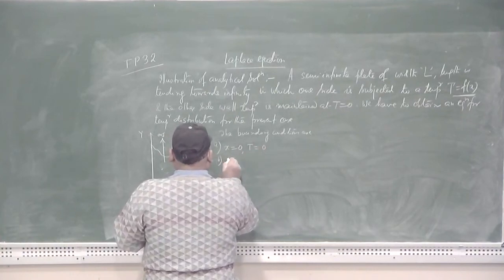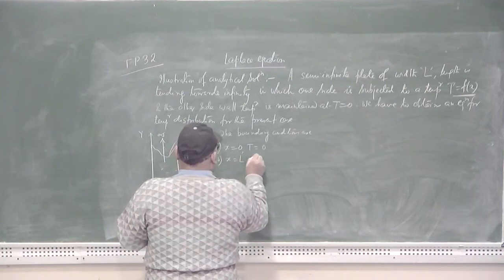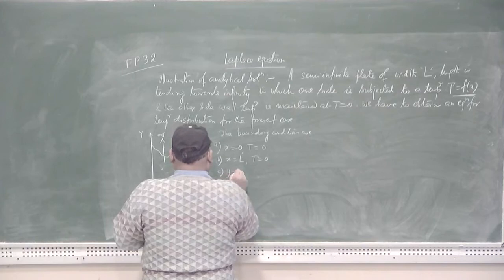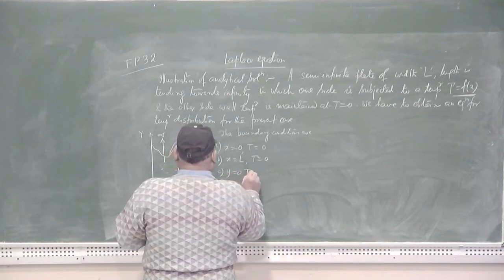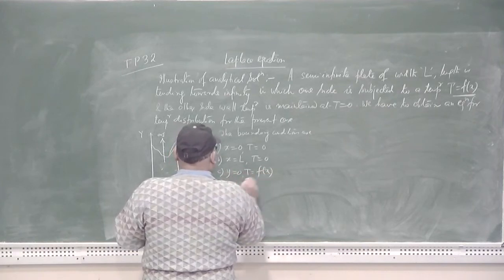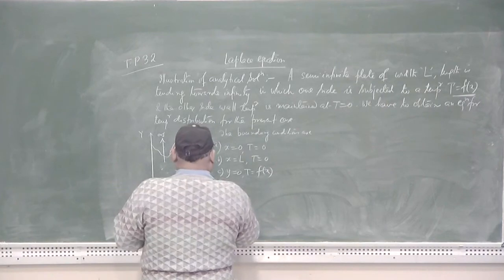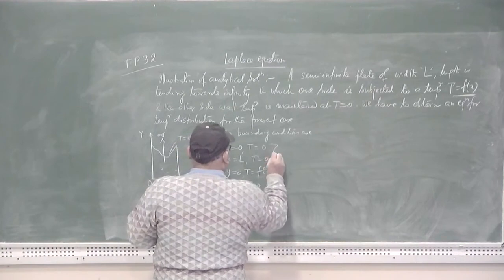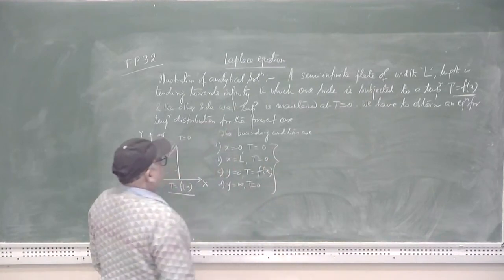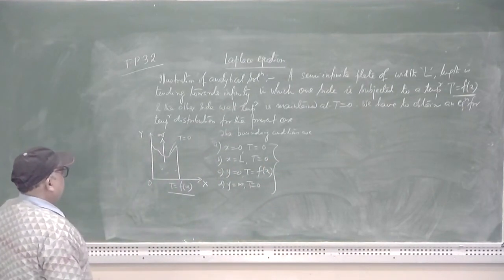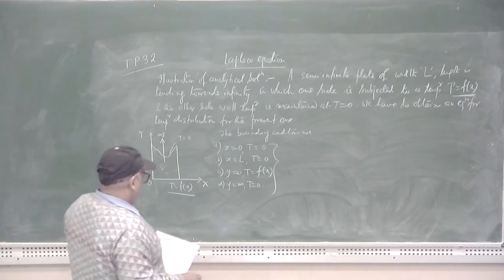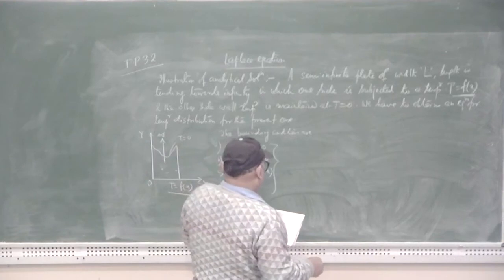Number B, x equal to L, T equal to 0. Number C, y equal to 0, temperature is a function of x. And number D, y equal to infinity, T equal to 0. These are the boundary conditions for the present problem. Since the temperature has been given on the x boundary, the lambda square value should be taken negative.